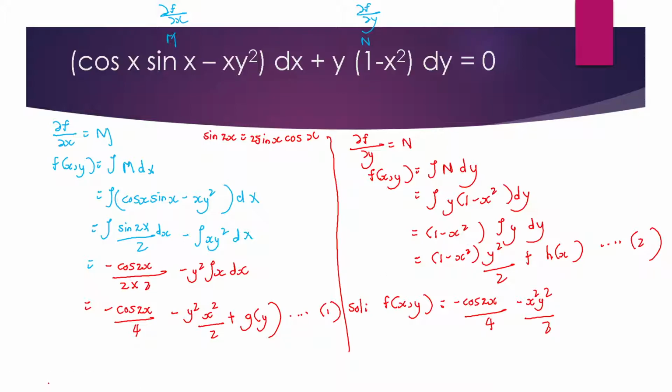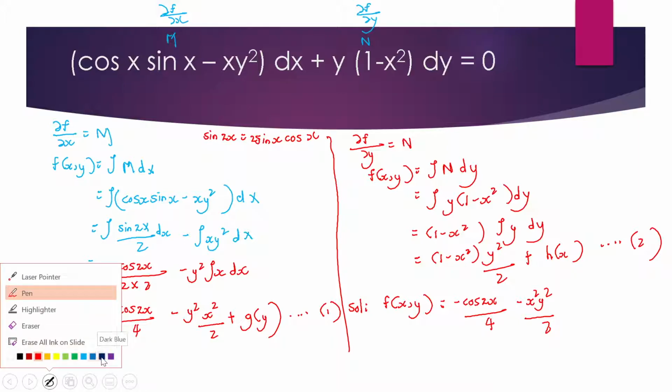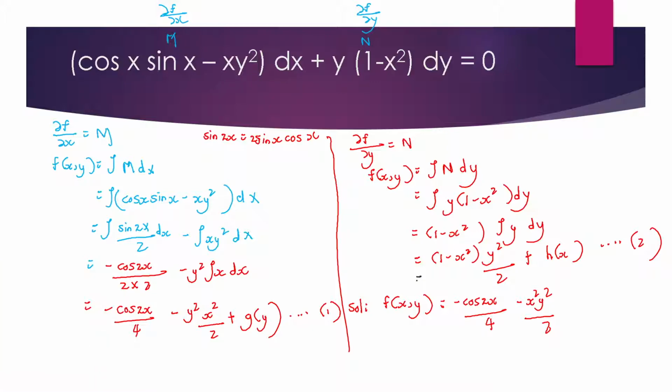From equation 2, when you expand, you have y squared over 2 minus x squared y squared over 2 plus h(x). So g(y) is y squared over 2, equal to a constant.